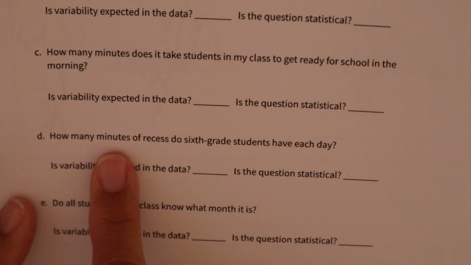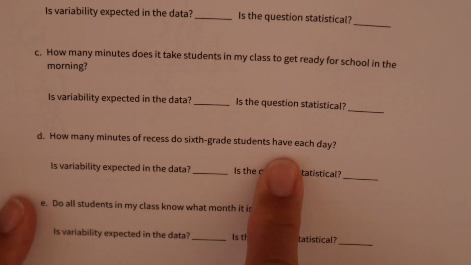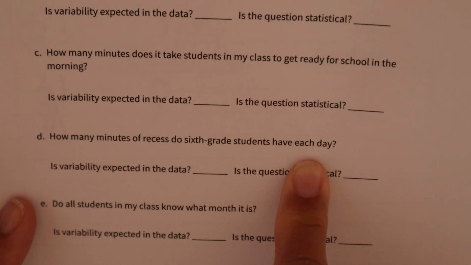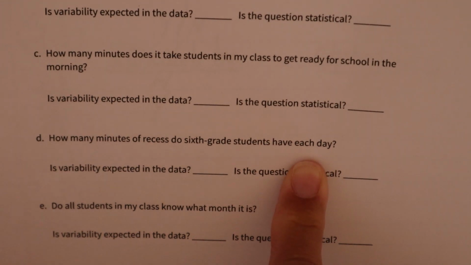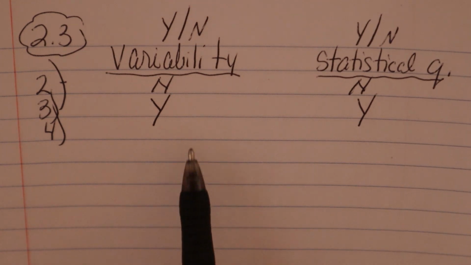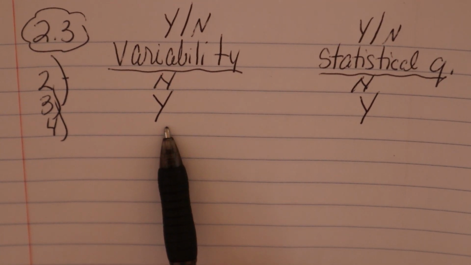We're talking one group of students, 6th graders, and their recess each day. Think back to when we were at school. Okay, write your answers. Is there variability in the answer we're going to get from this question? Meaning, are all the answers going to be the same or different?